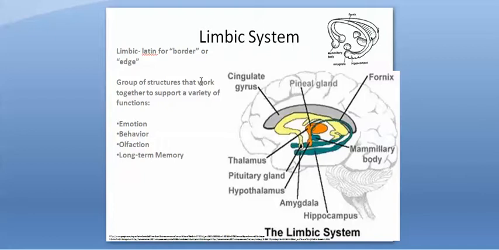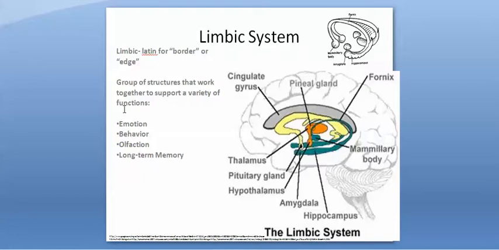So the limbic system is not one structure. It's an aggregation of a number of structures that work together to allow you to respond to the external world in a certain way. When we talk about the limbic system, we don't want to just target emotionality, although it is super important. It also plays a large role in memory and in learning.